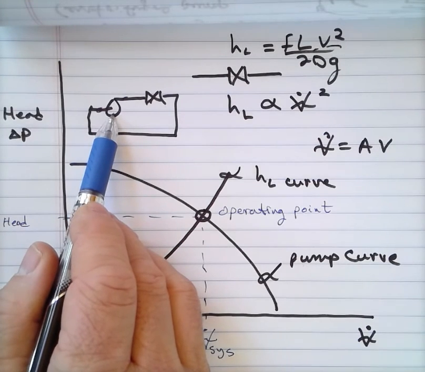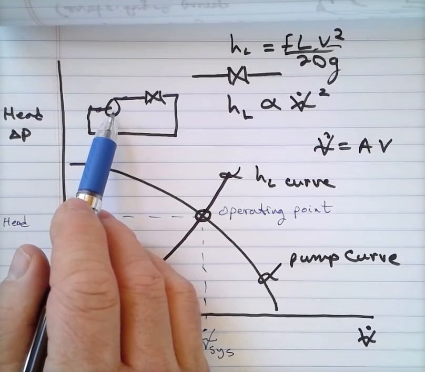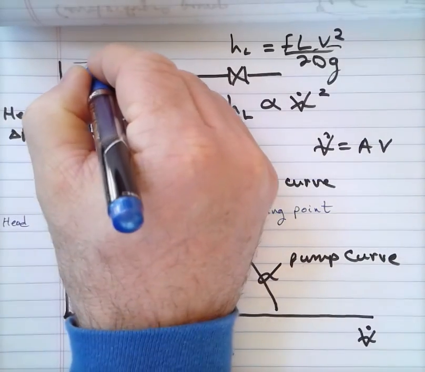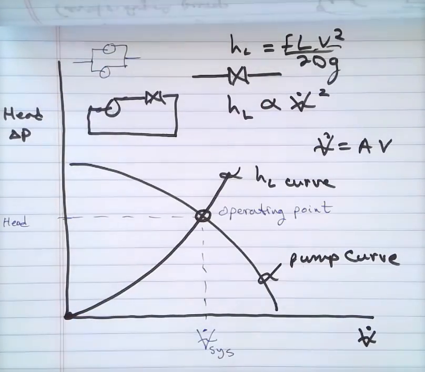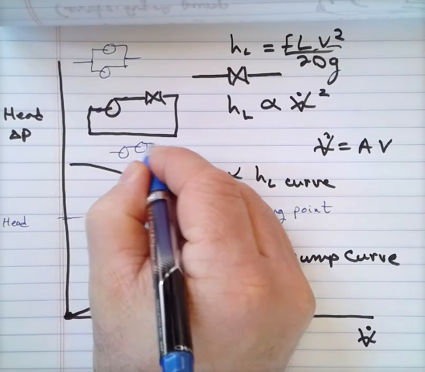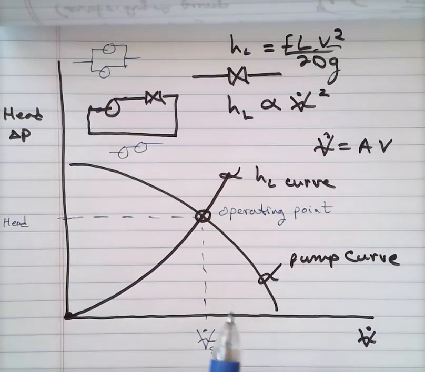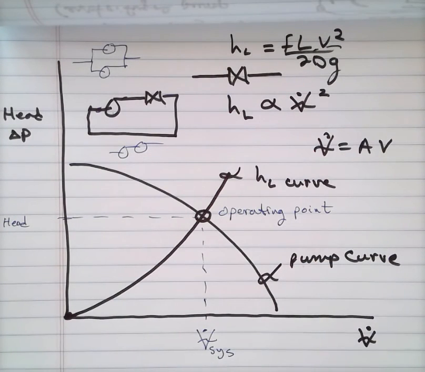And lots of systems have more than one pump. Sometimes those pumps are in parallel, like this. Sometimes those pumps are in series, like that. And we'll learn how to manipulate the pump curves when either of those cases happen.